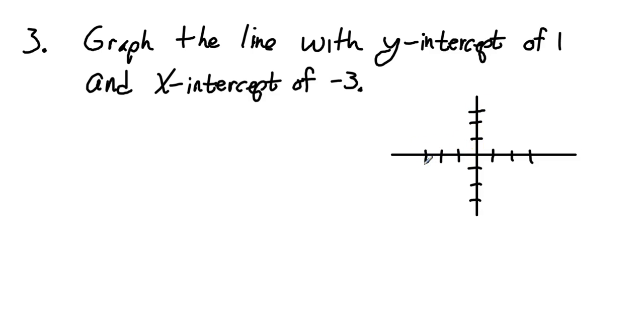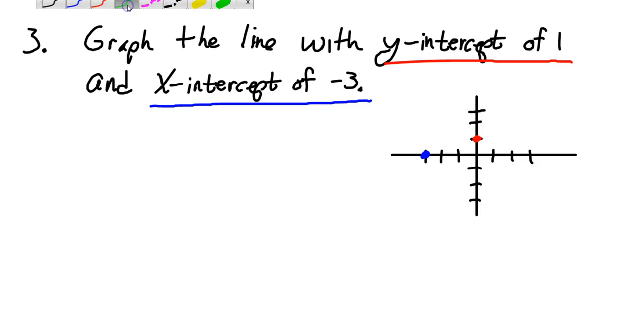Okay, so for that one, you've got 2 points. Y-intercept's at 1, so on the y-axis, go to 1, put a dot. When you got the x-intercept, go to negative 3 on the x-axis, which will be back over here, and then just connect those 2 dots.